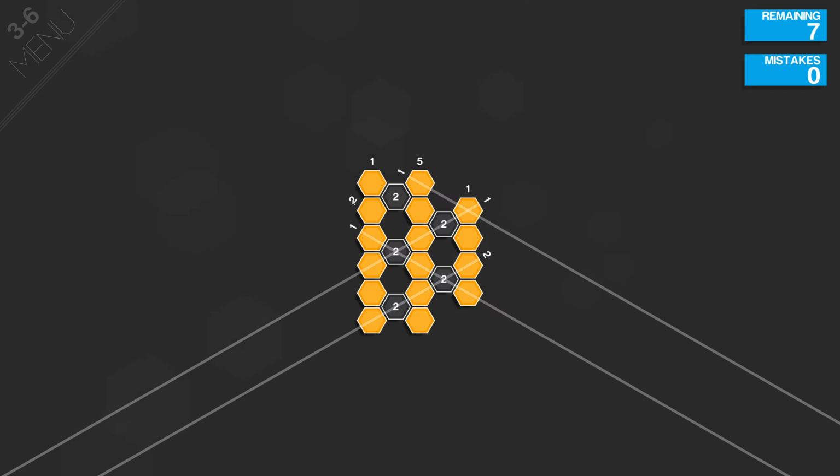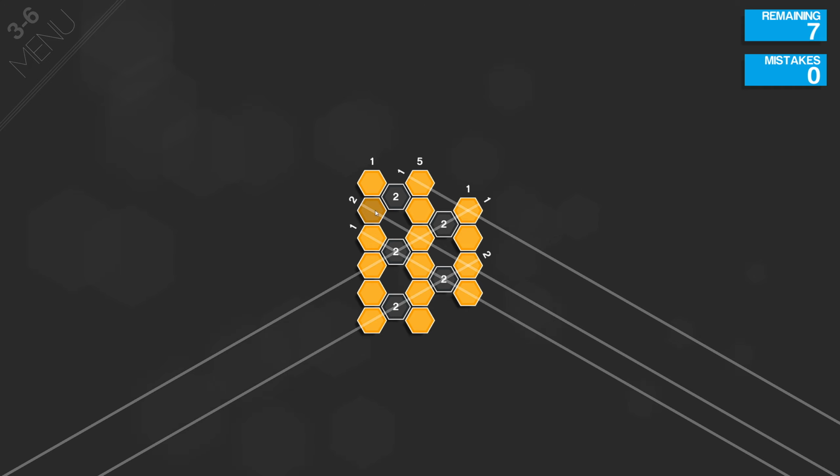I think the diagonals are more important than the vertical clues, because the vertical clues are easy to observe their immediacy. It's going to be finding something in the diagonals that sets everything off. Right, this 2 here.